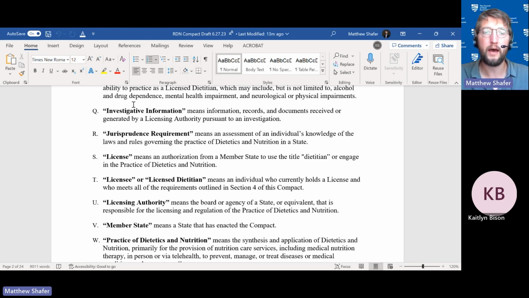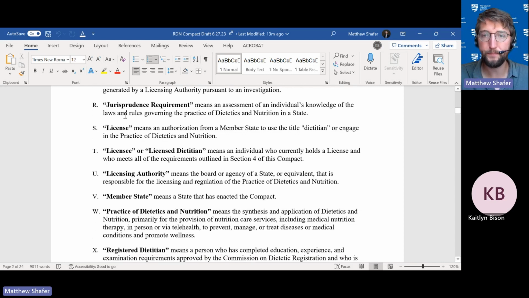And so the first thing we want to point out is that our term here for license, and the term right under it, licensee, licensed dietitian, is indicating that this compact is meant to cover dietitians and not other related professions like nutritionists, practitioners like that.